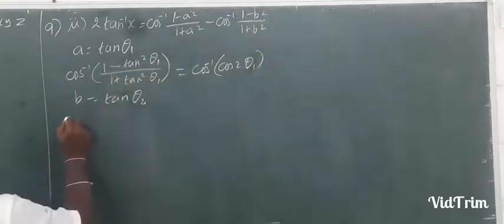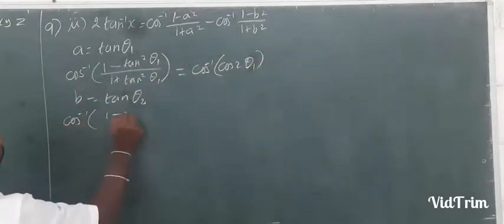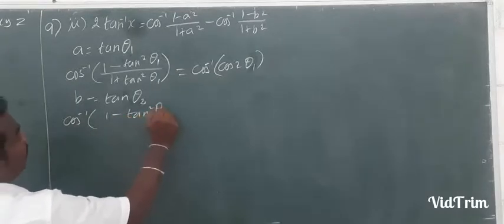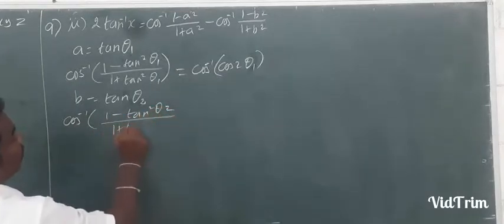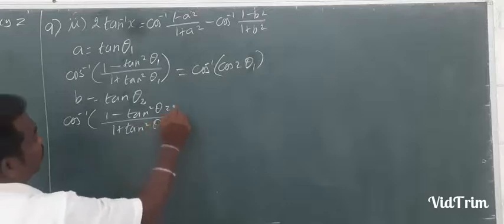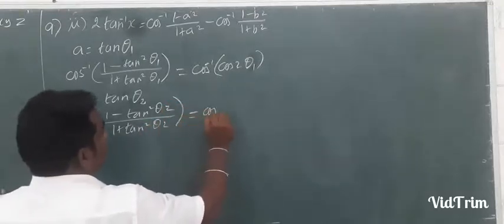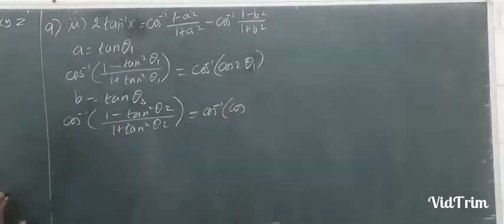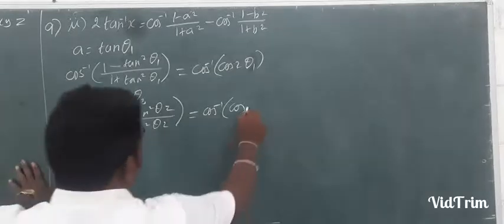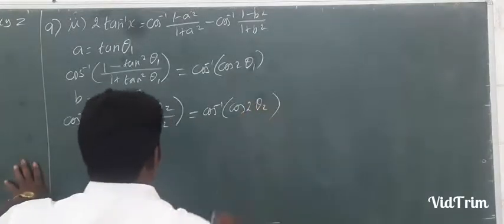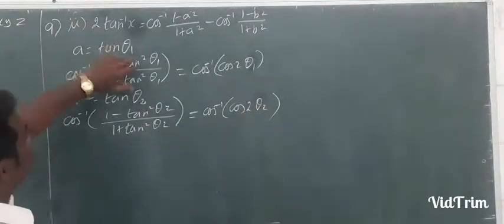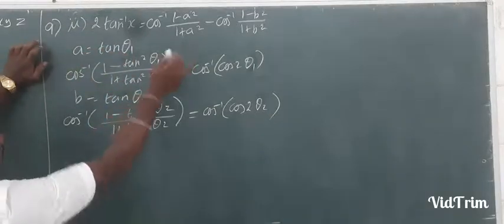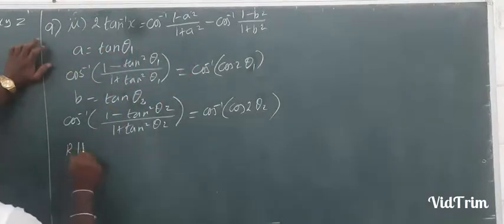Now it will become cos inverse of (1 minus tan square theta 2) by (1 plus tan square theta 2), which is equal to cos inverse of cos. Can you guess what value will come? Same, cos 2 theta 2. Now we will write cos inverse of the right hand side.